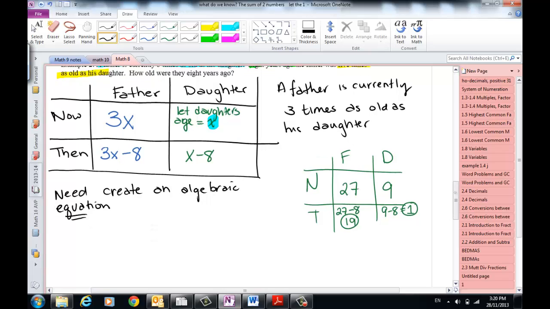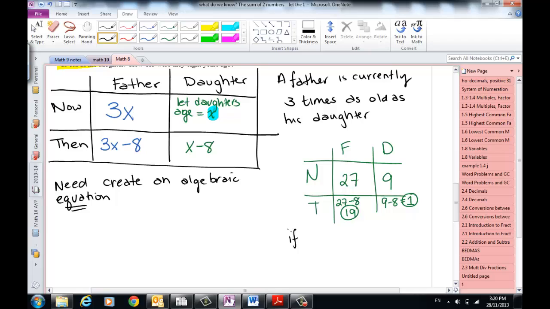Okay, so if we need to create an algebraic equation, then just think about this. So if Dad was 25 8 years ago, and the daughter was 5, and Dad was 5 times as old, notice that if I took the daughter's age and multiplied it by 5 for the 5 times as old, this would make this a proper equation because 25 does equal 25. So using this idea, we're going to do it with variables.